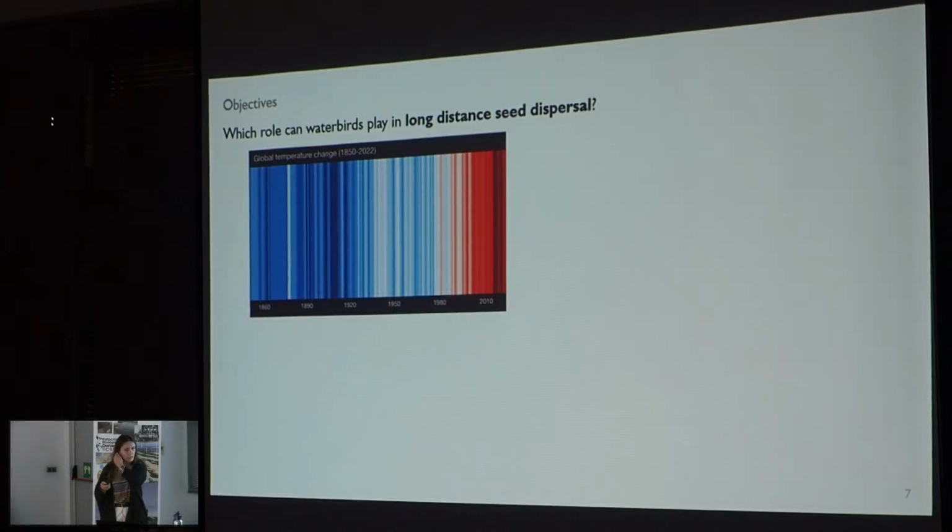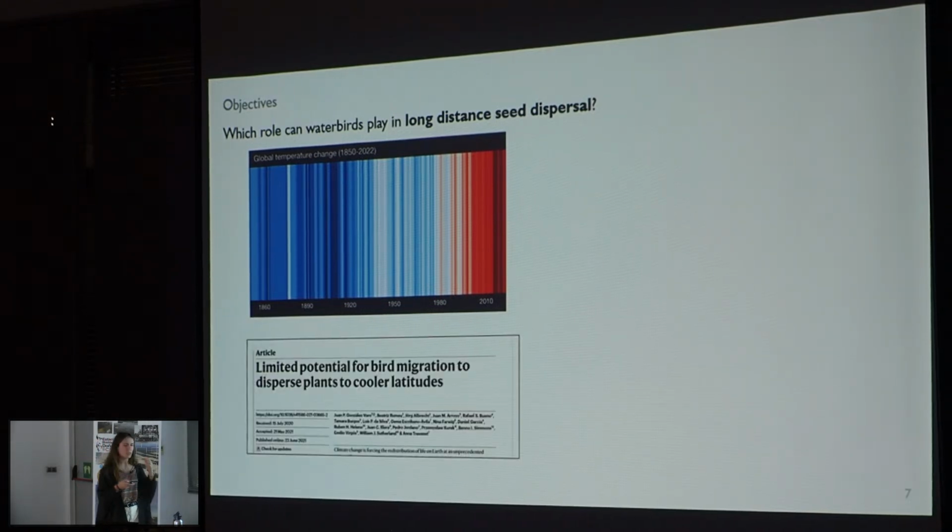And apart from the role that waterbirds could have in the actual distribution of plants, it is also interesting to study which role they can play in the context of climate change, where some plants could need to migrate to deal with an increase in temperatures.